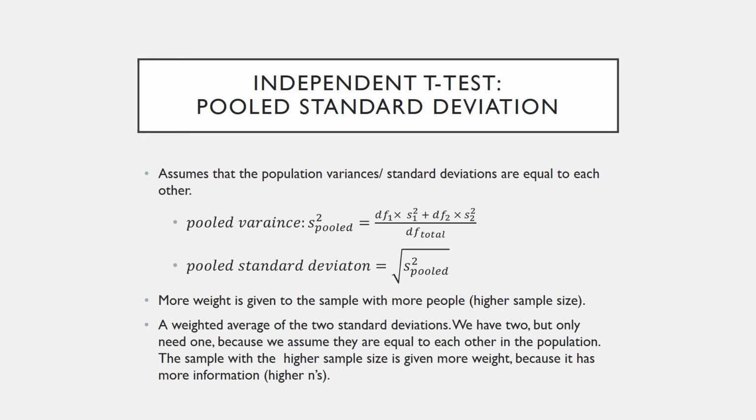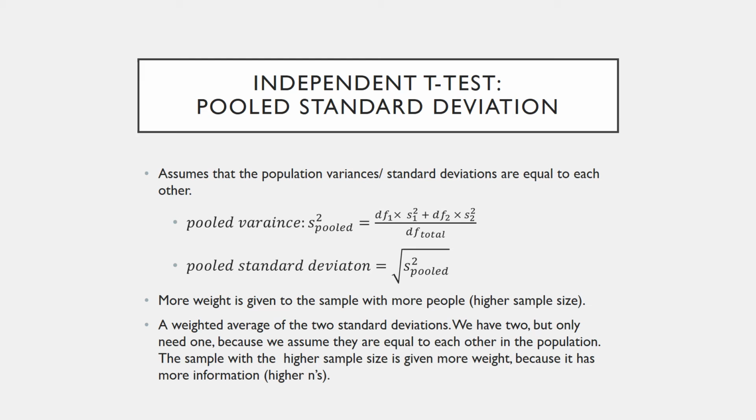We're going to calculate what's called pooled variance, and basically it's just an average of the two standard deviations, but we're going to give more weight to the sample standard deviation that has the highest degrees of freedom. And if it has the highest degrees of freedom, that means it also has the highest sample size, right? Because it's n minus 1.